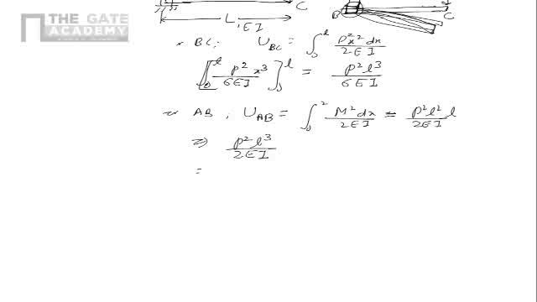So the total strain energy is U_BC plus U_AB, which is nothing but P²L³ upon 2EI plus P²L³ upon 6EI. If I add the two numbers, I get P²L³ upon 6EI times (3 plus 1), which is 4 upon 6EI.